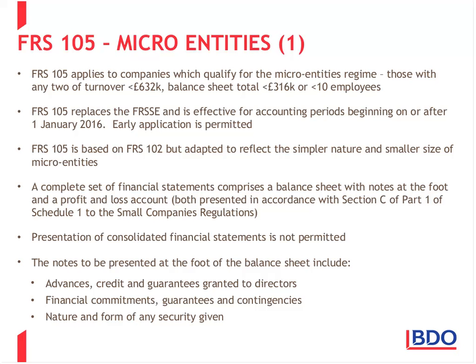It's been specifically designed to reflect the simpler nature and smaller size of micro-entities, and a complete set of financial statements comprises a balance sheet with notes and a profit and loss account. Presentation of consolidated financial statements is not permitted, okay? And there are certain notes to be presented at the foot of the balance sheet as shown on the slide.